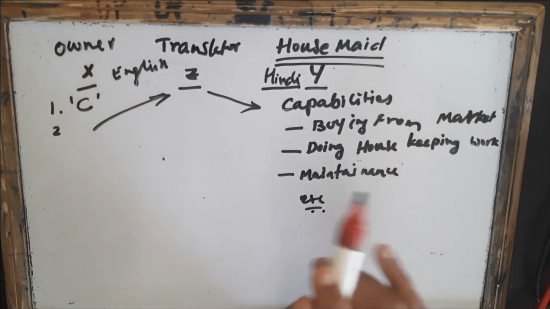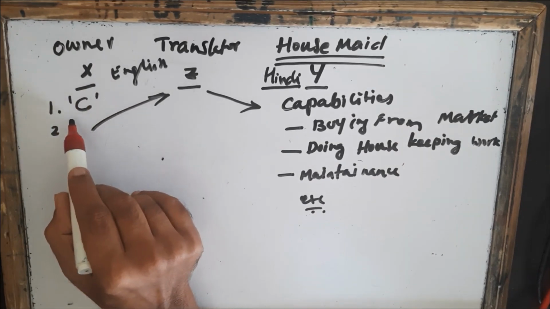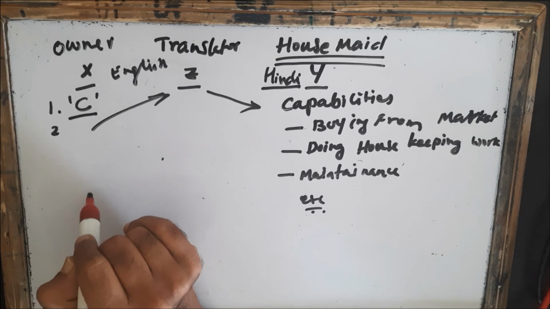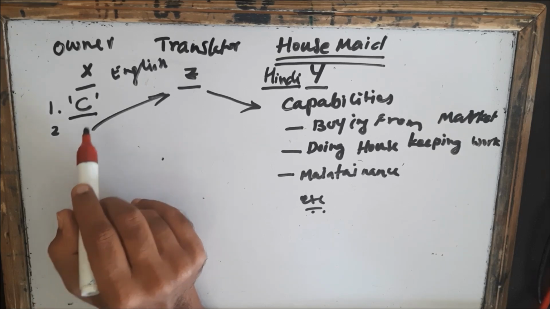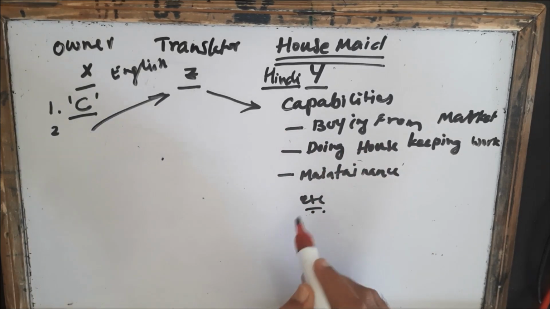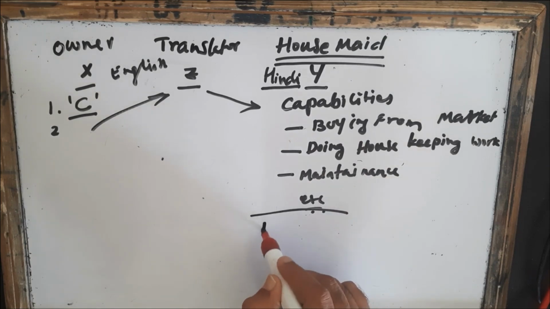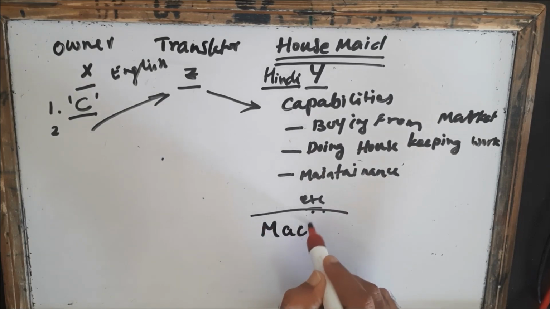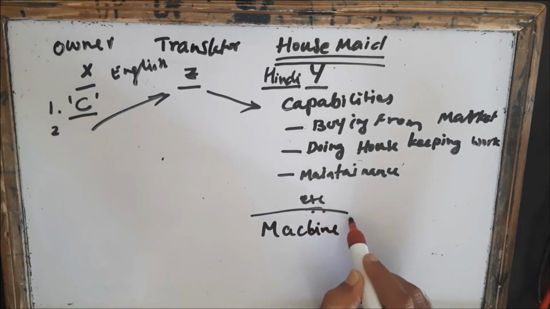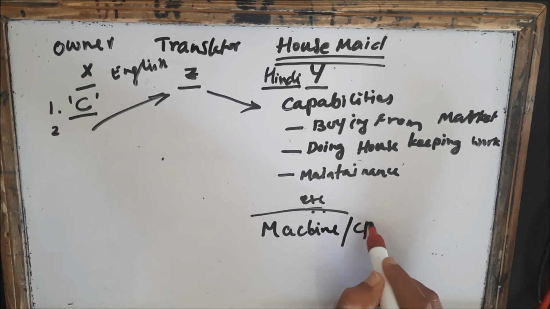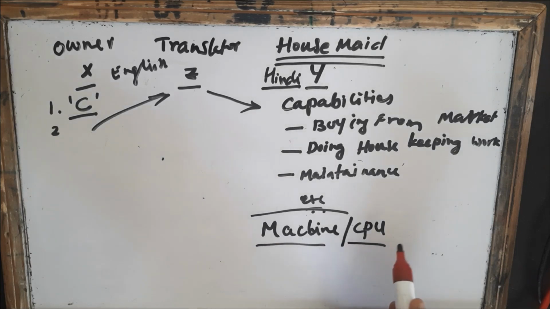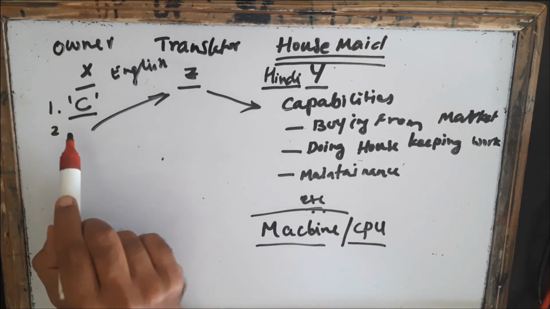So like here, we know the C language, the user can understand the C language, and we know that this housemaid is actually the machine, or we call it CPU or processor. So we know these processor capabilities.